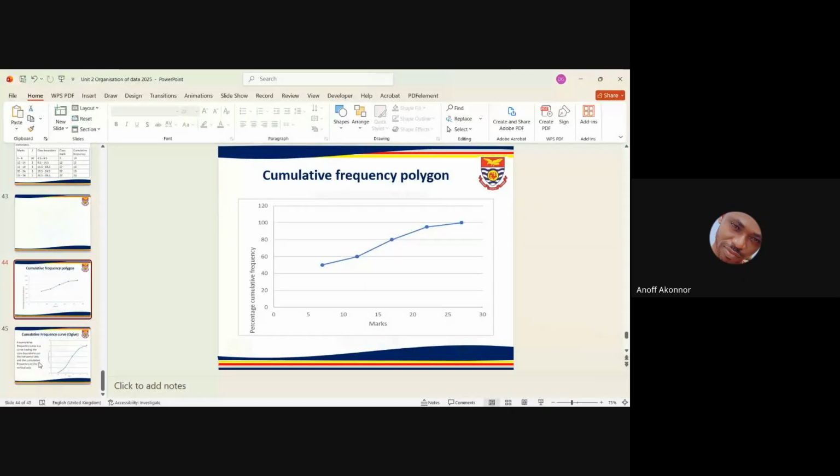Ask whether in constructing the cumulative frequency polygon it's advisable to use class midpoint against the cumulative frequencies, and why it is not advisable. Because when we used to teach and mark, we know that in constructing a cumulative frequency curve or ogive, students are not supposed to use class midpoints. Anybody who uses class midpoint will be marked down. Let's find out why.